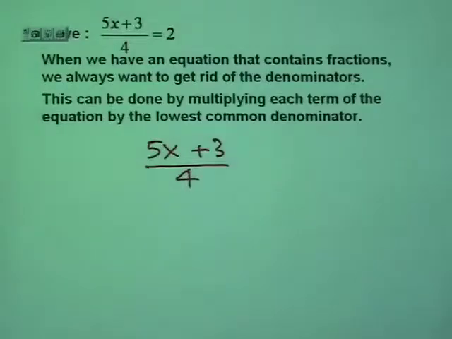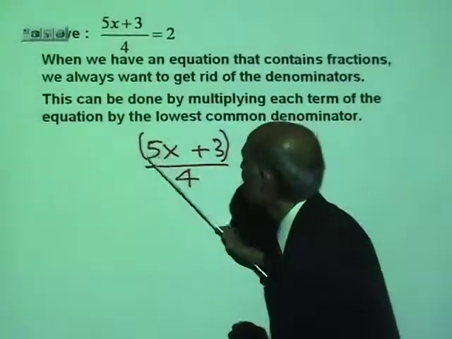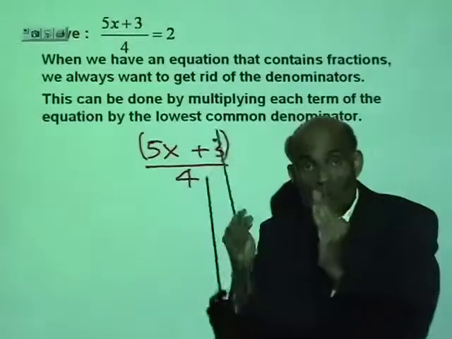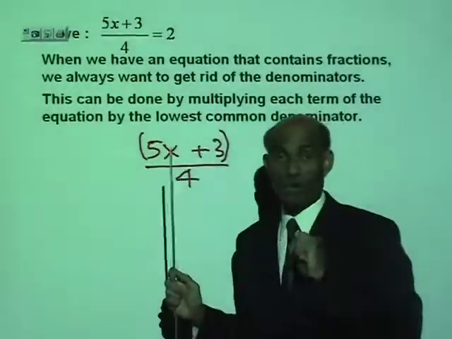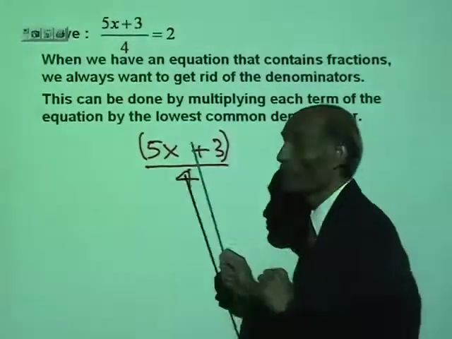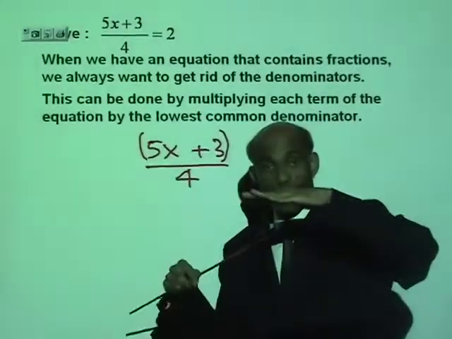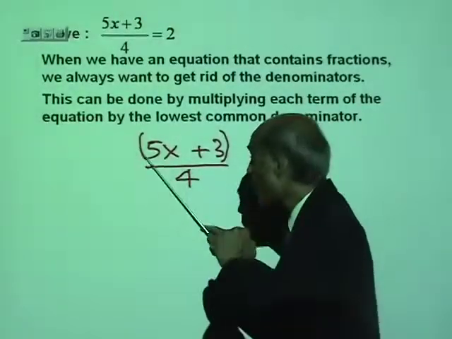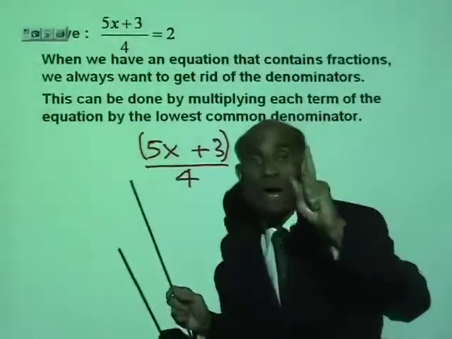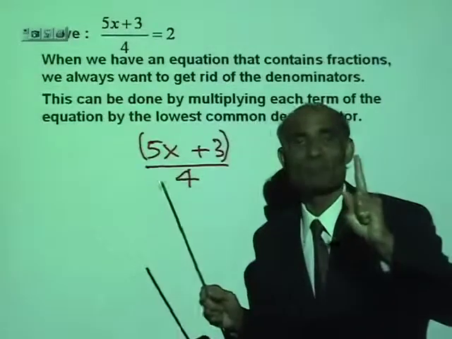You see, this 5x plus 3 is a quantity, and it's always good to write that inside a parenthesis. It's a quantity because, why is it a quantity? It is this quantity that is divided by 4. In other words, that 4 on the denominator belongs to this whole quantity. That means this is one single term.